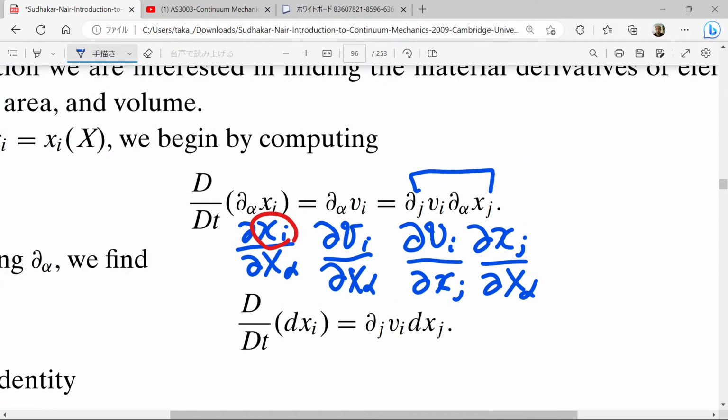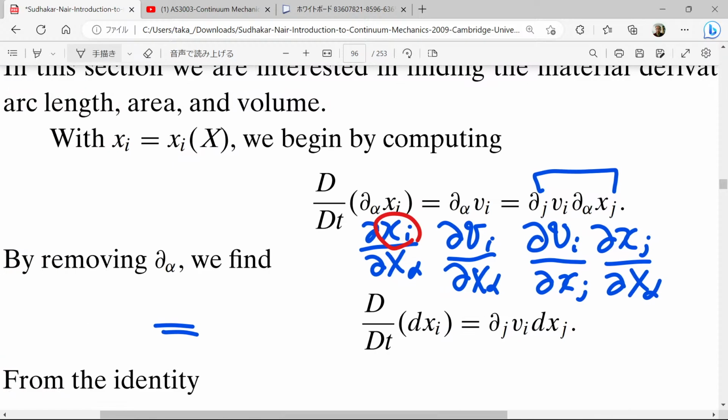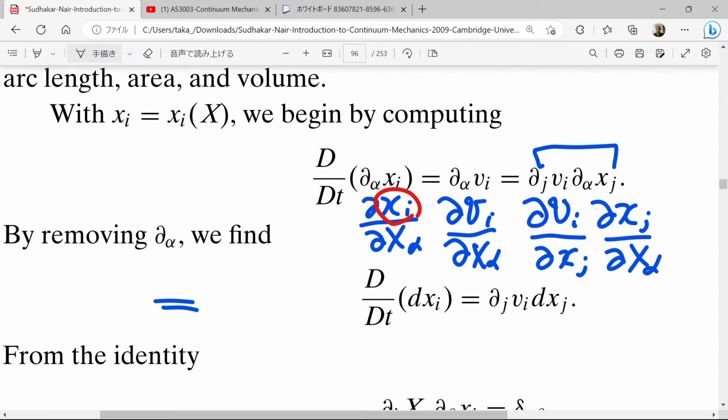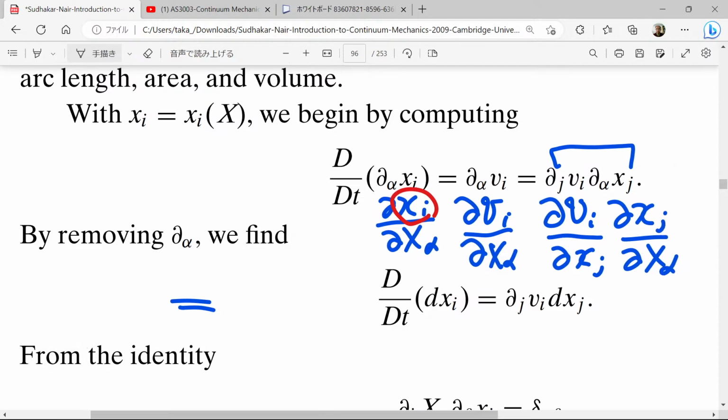So then, removing partial alpha, we find, how can we remove it? How do we remove it? Okay, let me stop it now.